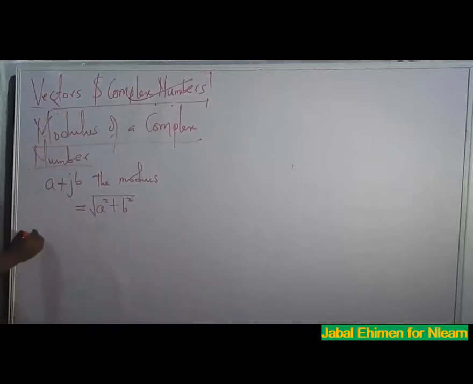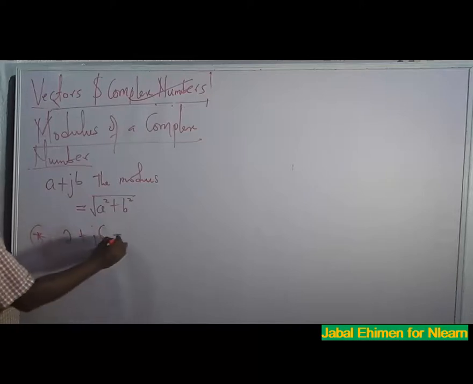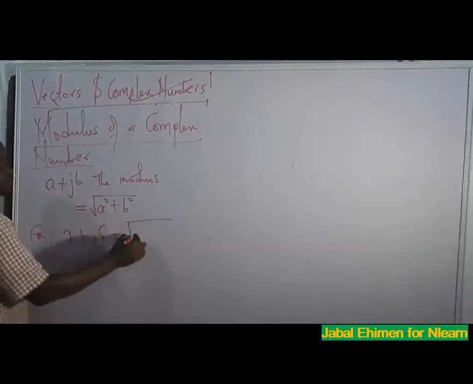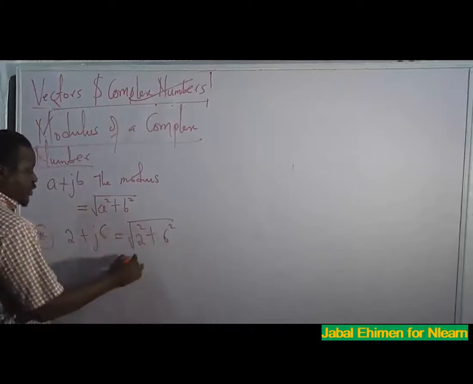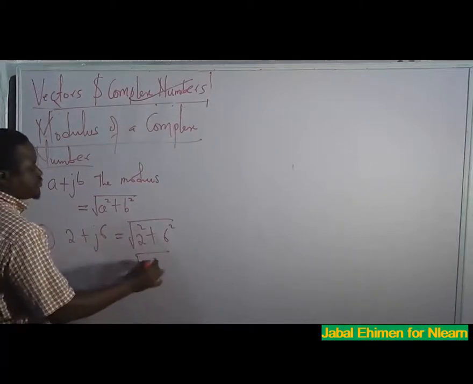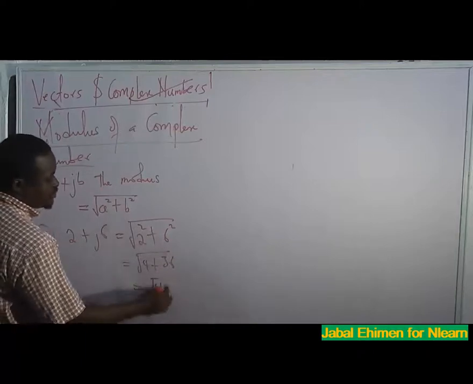If you have an example like this, the modulus of 2 plus j6, what will that be? The modulus will be the square root of 2 squared plus 6 squared, which is the square root of 4 plus 36, which equals root 40.